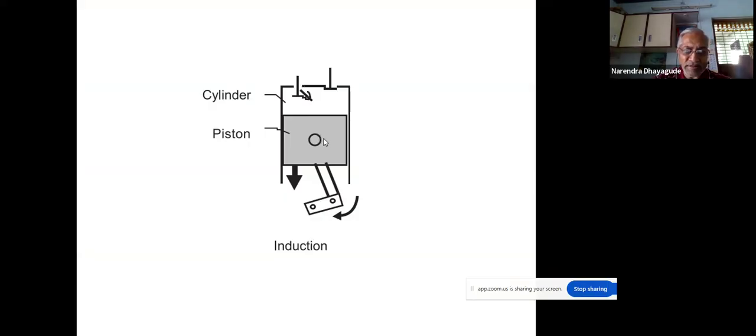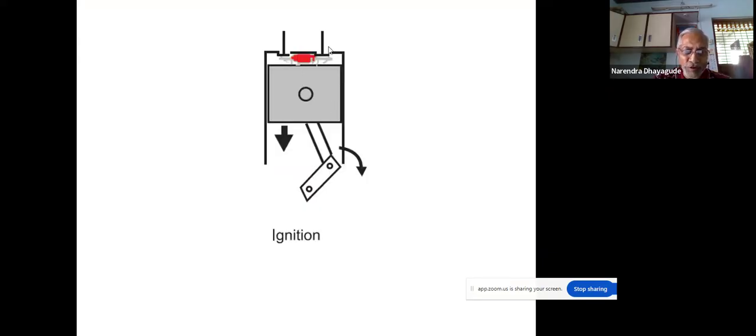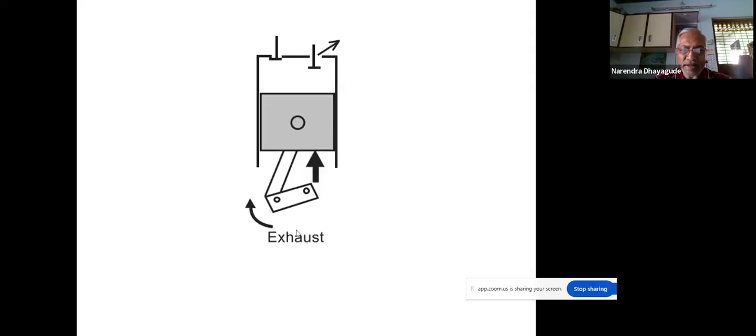Next, the air is compressed. In the third, the fuel is injected and ignited, so it is ignition. Because of the ignition, there is expansion of the internal air and it pushes the piston downwards, so it is also called the power stroke. The fourth one is exhaust. When the piston moves up, the exhaust gases are thrown out. So this is a general four-stroke cycle.